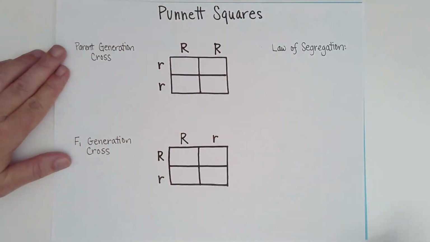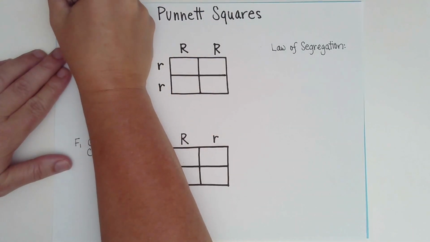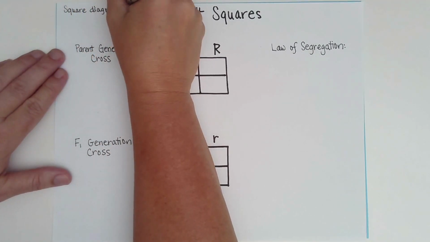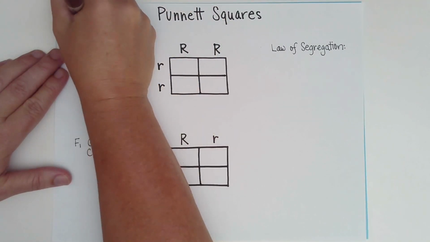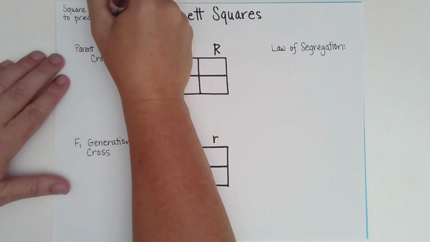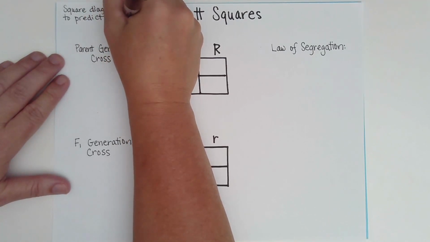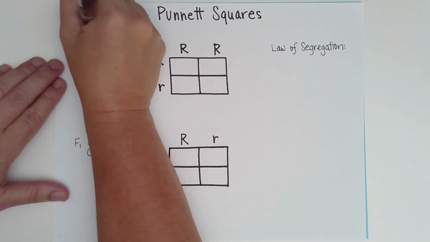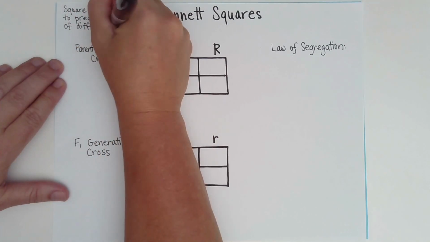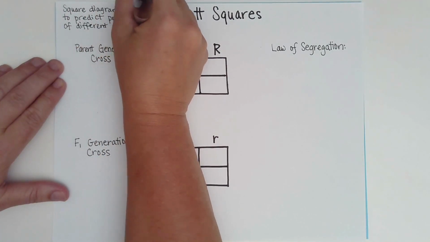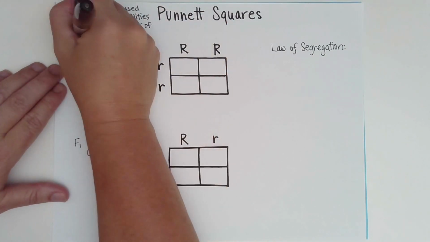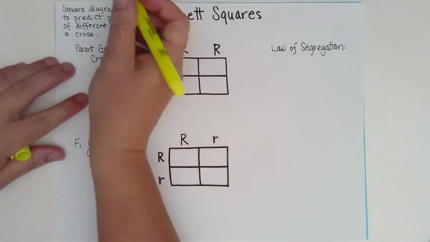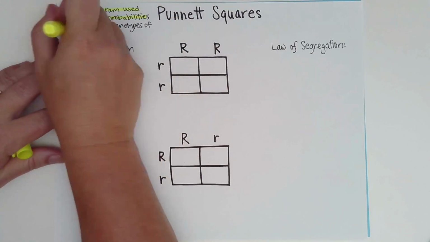So let's write that here, that it's a square diagram that's used to predict the probabilities of different genotypes of a cross. So this is the definition of a Punnett square. Let's highlight this in yellow.